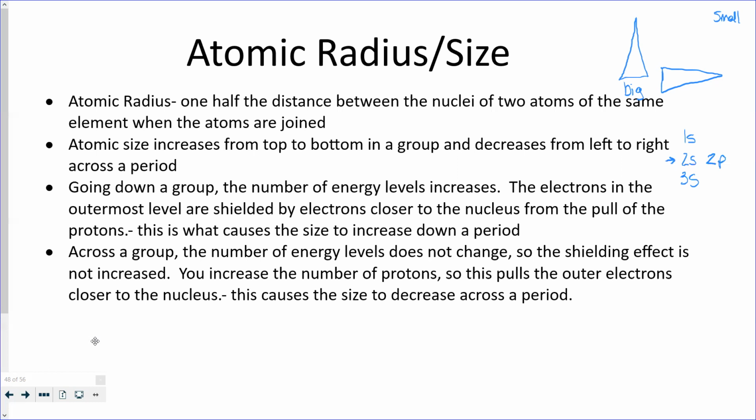There's no additional inner levels of electrons to block the pull of the nucleus. But going across, the atomic number increases. The number of protons increases, which is going to be able to pull on that layer of electrons more, kind of causing it to shrink in towards the nucleus, which is going to cause the size to decrease going across a period.